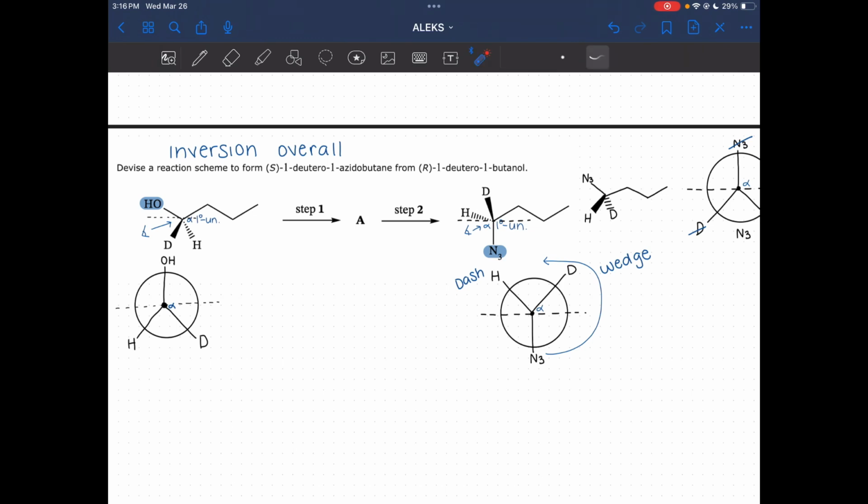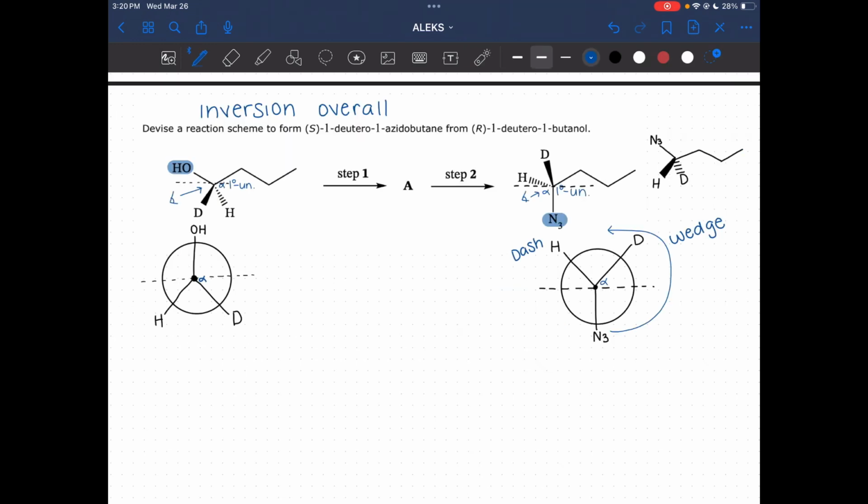And then another thing too is you can see why we have to do this whole flipping of the Newman projection situation, because on this left side the deuterium is wedged, and in this final product that we're given it is also wedged, but they're not pointing in the same direction. This is down and this one's up. So we're not really given a proper 3D orientation to fully compare them in the right way.